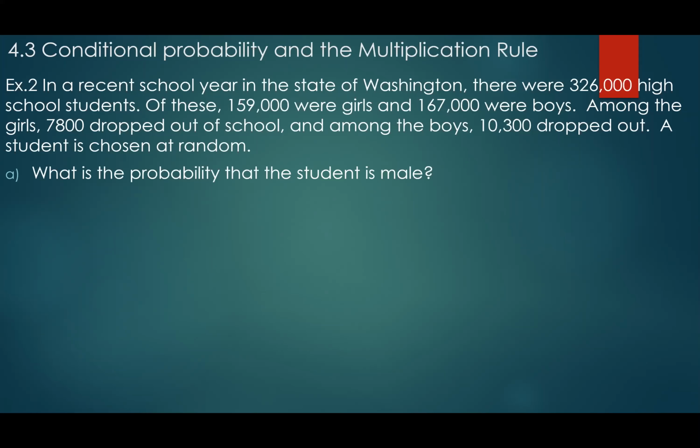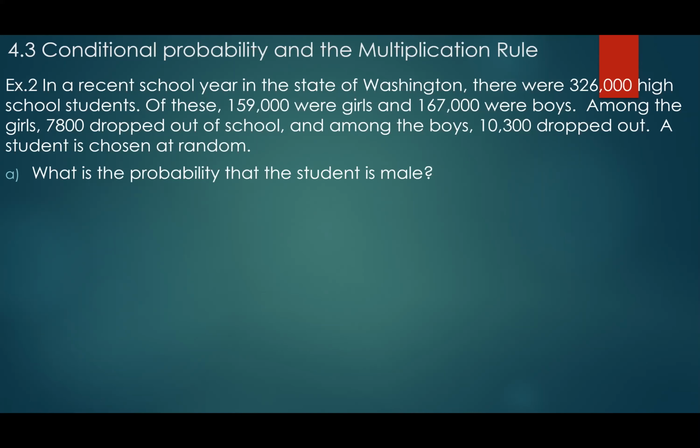A student is chosen at random. What is the probability that the student is a male? Do you agree that this is a simple probability? Just a simple probability: what is the probability of a male? If you go in here, 326,000 students, what's the probability that you select one student and that student is a male?